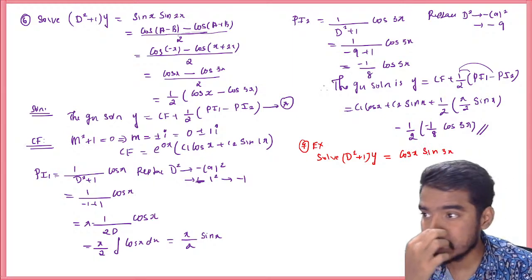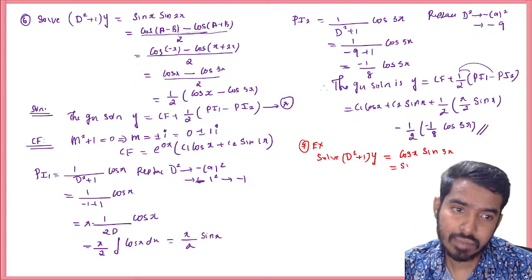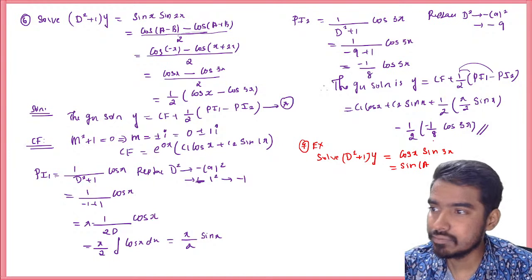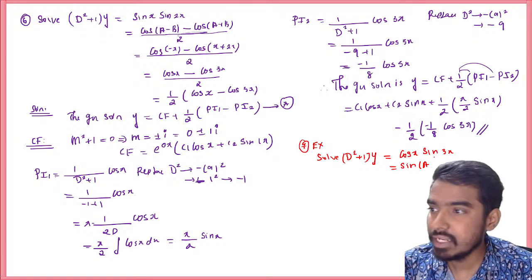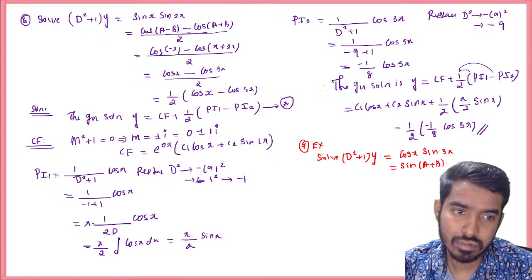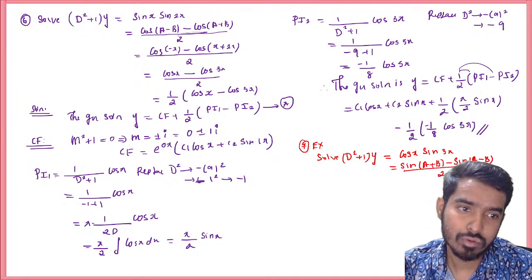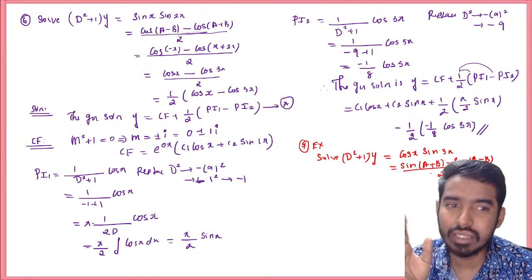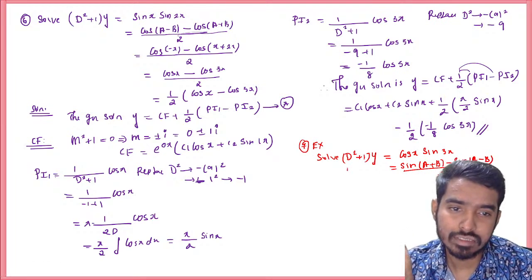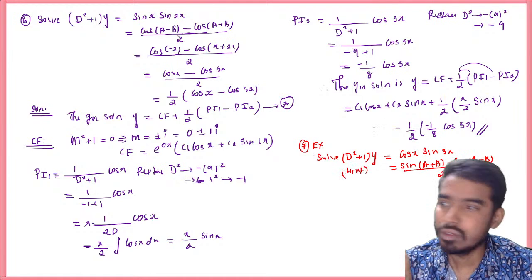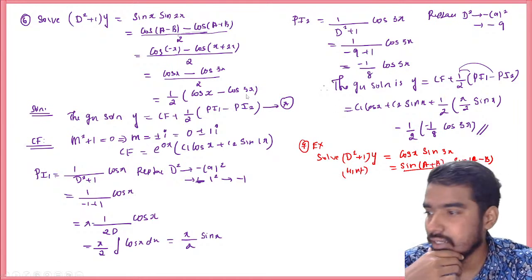So cos a sin b is sin a plus b minus sin a minus b divided by 2, right? You make use of this formula so that you will have again 1 by 2 pi1 minus pi2, right? So you'll get the answer very easily, right? Okay.